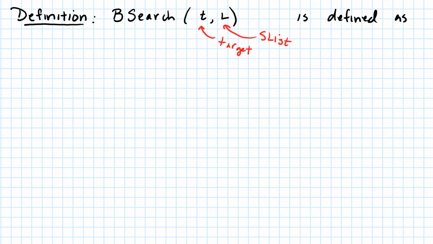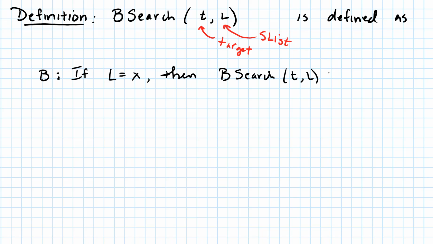We've got a base case, I'll label that B. The base case: if our list just consists of one element, namely X, this is a list of depth 0, then B search of T comma L is either going to be true or false. It's going to be true if T equals X, and false otherwise. That's pretty much the same as before, so I'm going to move over that more quickly.